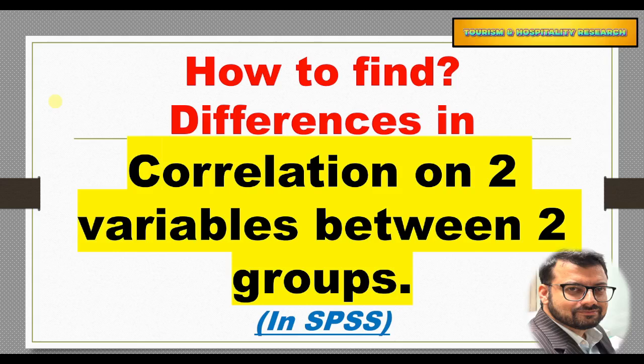I'll show you the practical, how it has to be executed, and we will be using SPSS and the online Daniel Soper calculator as well for this purpose. So stay tuned, keep watching.